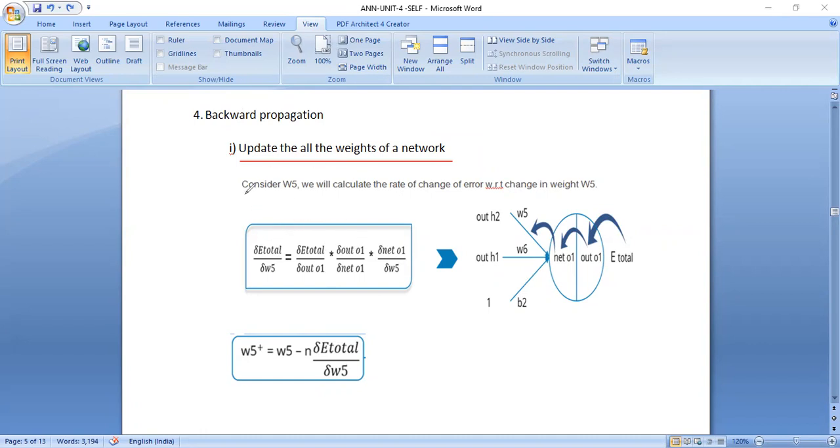First of all, consider weight W5. We will calculate the rate of change of error with respect to change in weight W5, that is, dou E total by dou W5. This is the first thing we have to calculate.